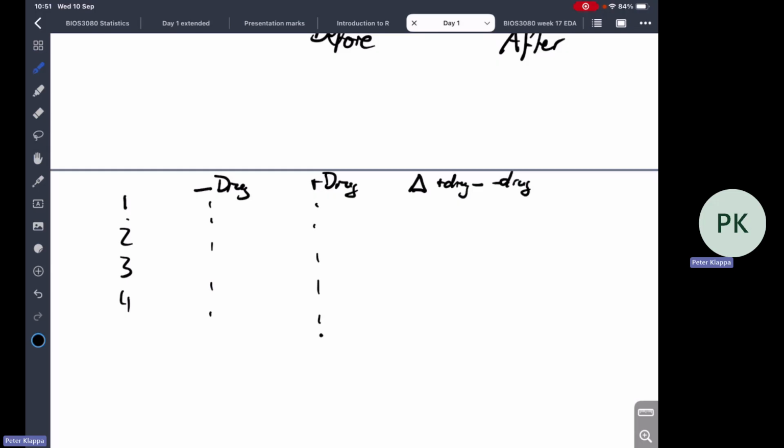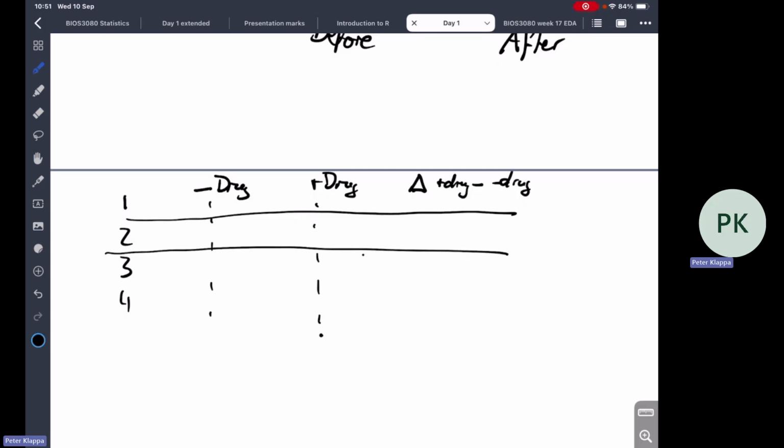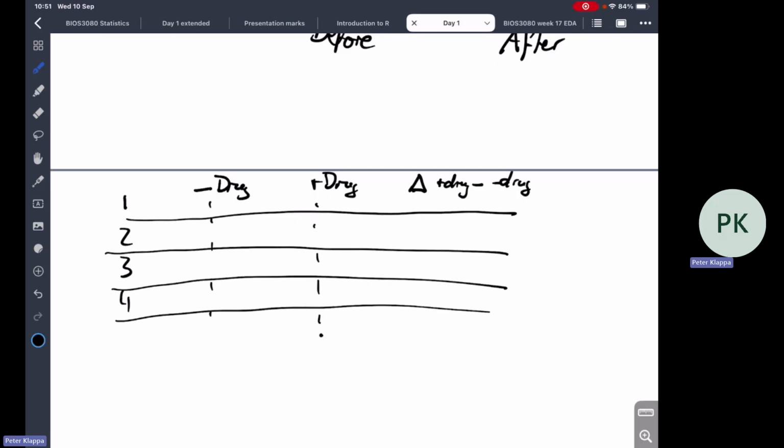And for each patient, you calculate this difference, just simply by subtracting the minus drug from the plus drug value. Yeah? Something like that. So you've got one column, basically compressed the data from two columns into one column, but that is the difference column. You don't use the original data, you look at the difference between them.